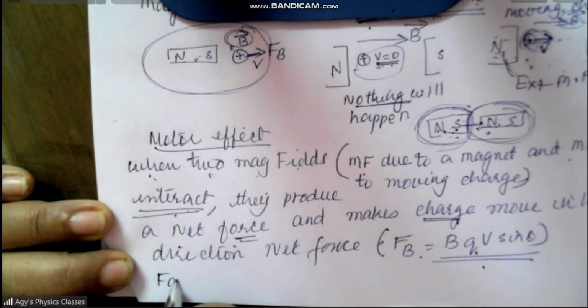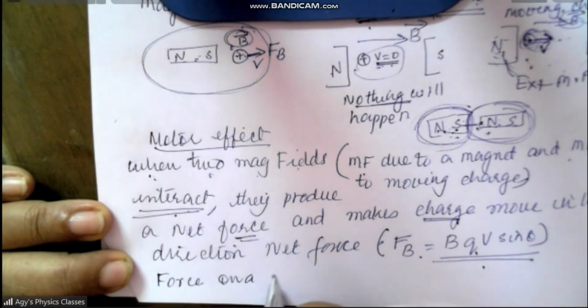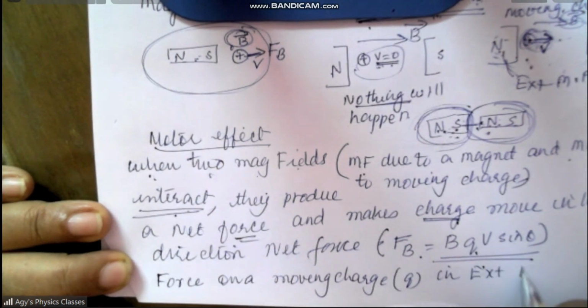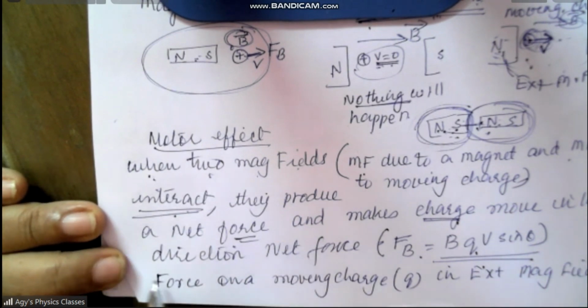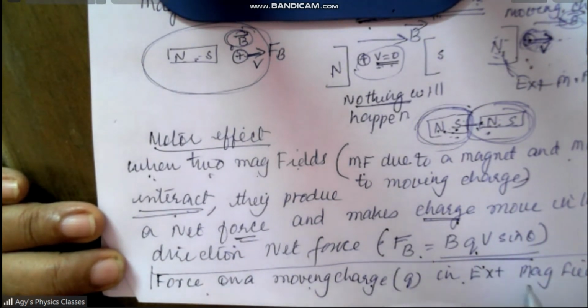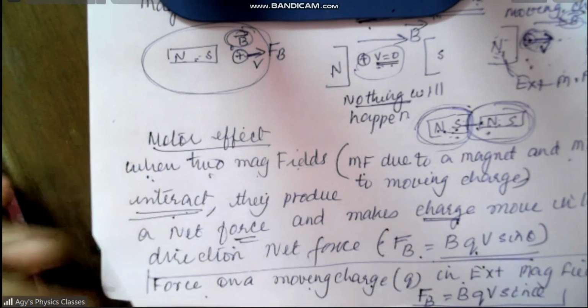So force on a moving charge, which is Q, in an external magnetic field, which is B. Are you getting this? Force on a moving charge placed in an external magnetic field is equal to, we write FB, is equal to BQV sin theta. Very, very useful formula.